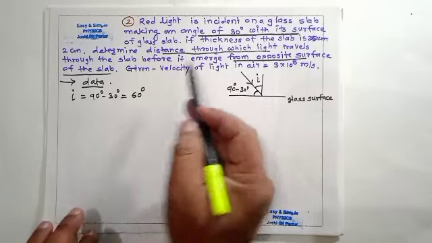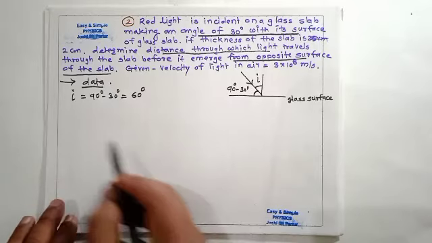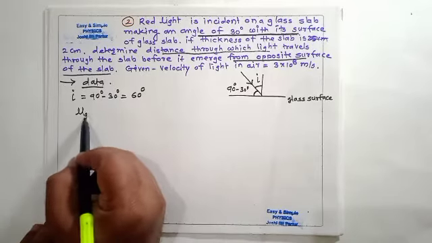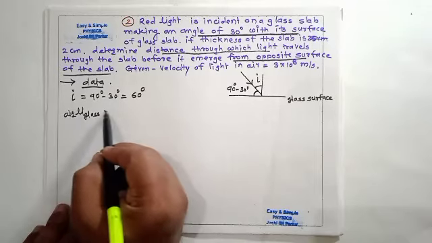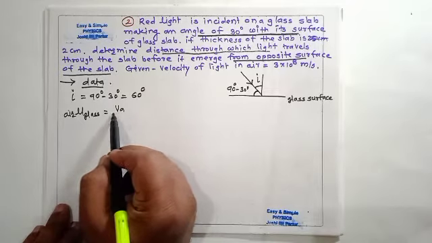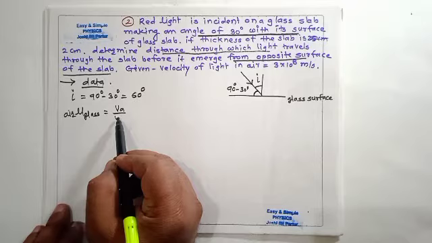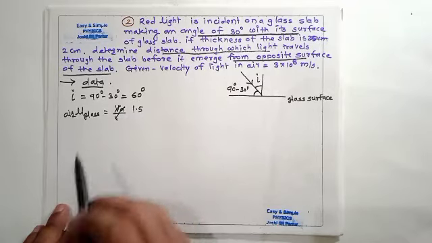Here the refractive index for glass, mu for glass with respect to air, will be the velocity of light in air upon velocity in glass, which will be 1.5.